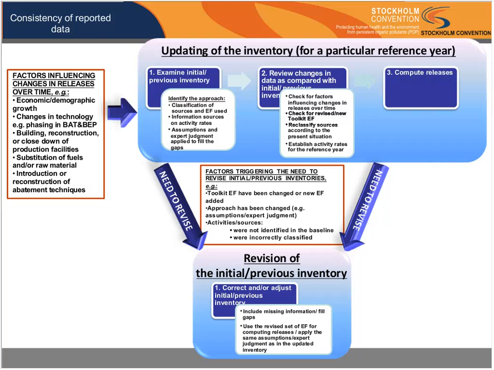Only after all these considerations have been done, we can move to the third stage, and this is calculating the releases for the new reference year, which would be the updated inventory of dioxins and furans for a particular country.